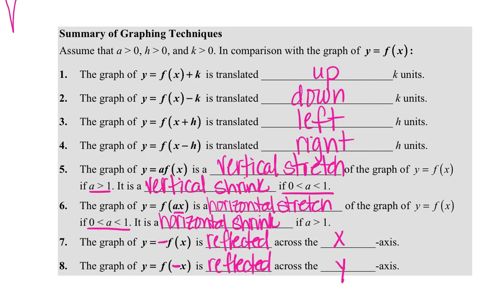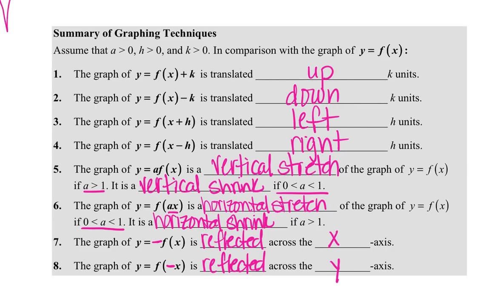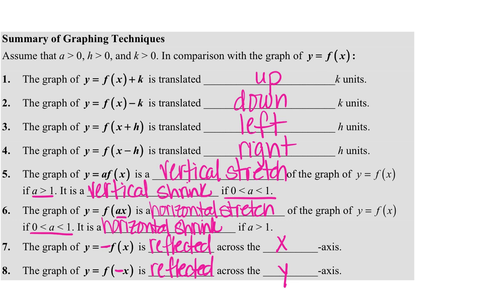So what I like to do is I like to think of these as what you're going to do. What you do to one point, you have to do to all of the points, not just one. So I think of this as x stays the same, and I'm going to add something to all my y's. Here, this would be x stays the same, and I'm going to subtract from all my y's.